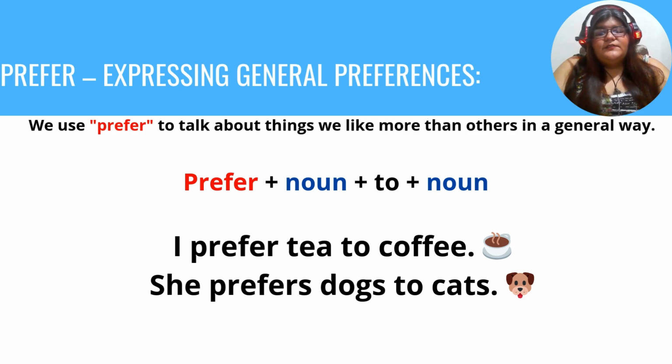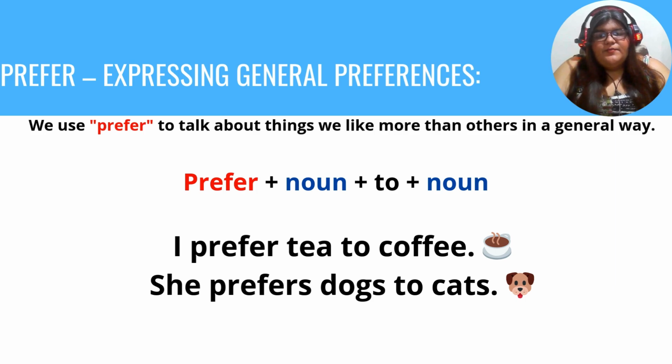And the structure is subject, the word prefer, plus noun, plus to, plus noun, and of course the complement. But you already know what a subject and a complement are because I explained them in my previous lessons, and I think that now you know, right? So let's see the examples.